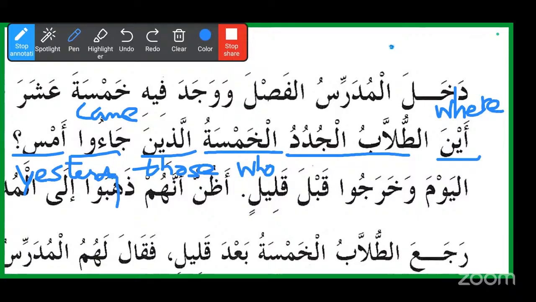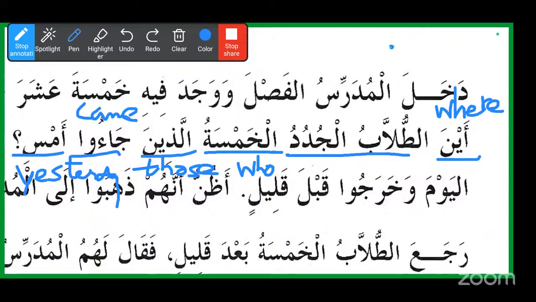أين الطلاب الجدد الخمسة الذين جاءوا أمس? Where are the five new students? Every sifat is said after the mawsuf. So in English we say five new students. In Arabic we say students new five, right?